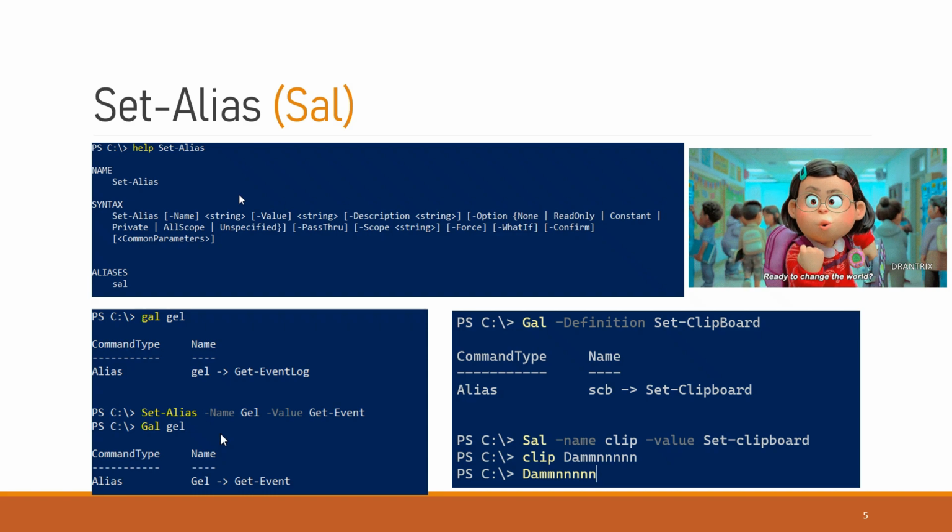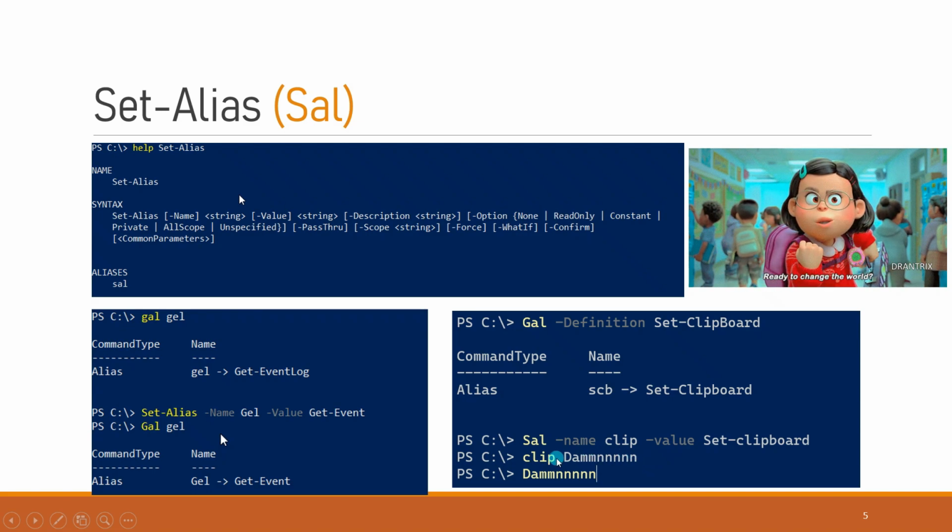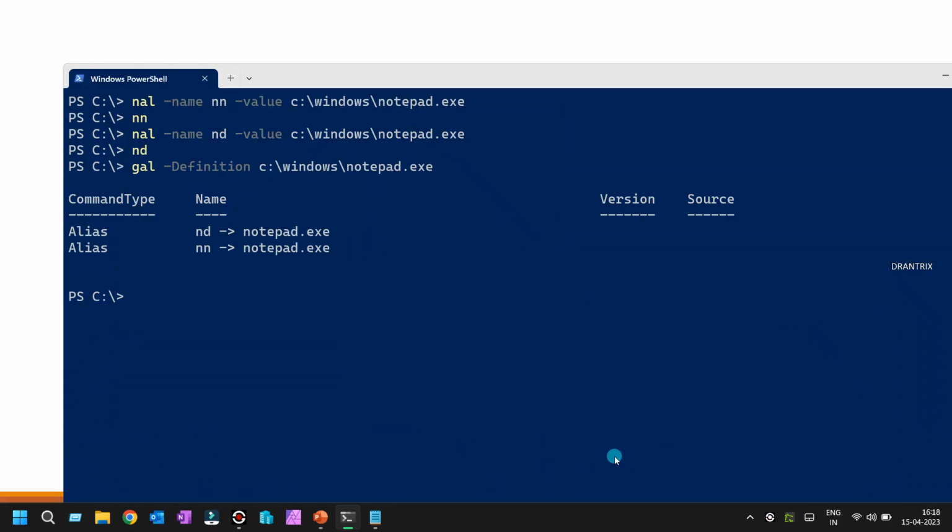Instead of scp, I want to use clip for the same commandlet. Now I type clip space cam, and as Set-Clipboard just copies whatever we type into the clipboard, when I right click I get cam. I'll just show you this real quick.